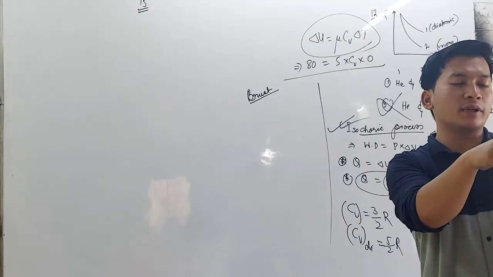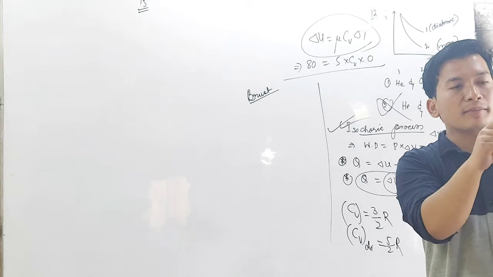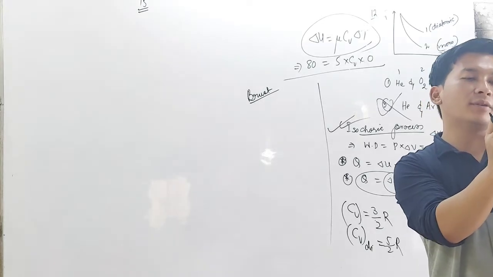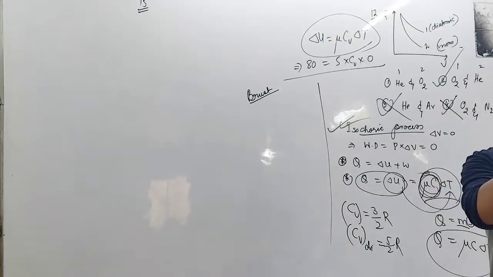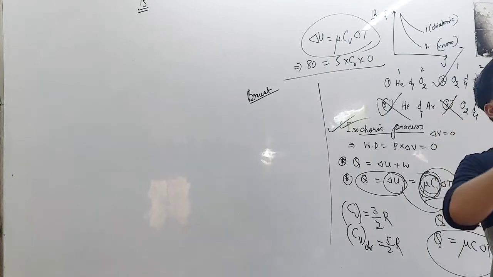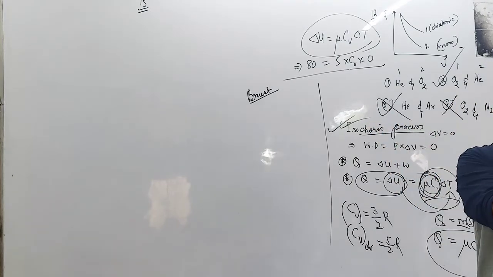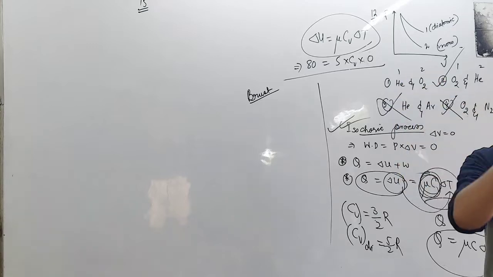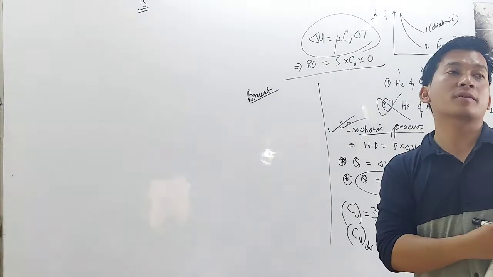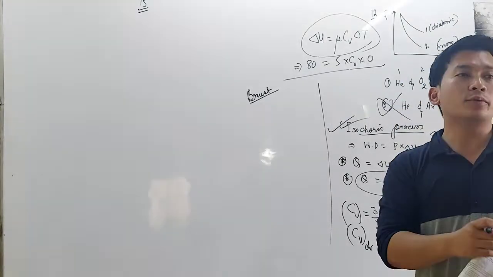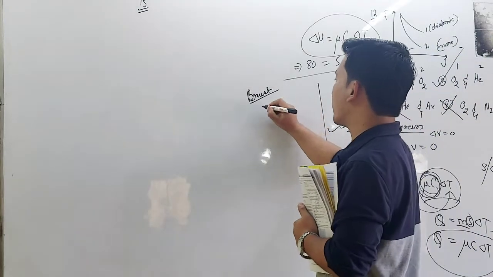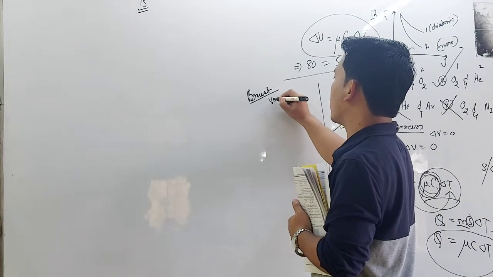Now you release it. It will come to the external surrounding. Its volume is released, so you have to consider the volume expansion. This is volume expansion.